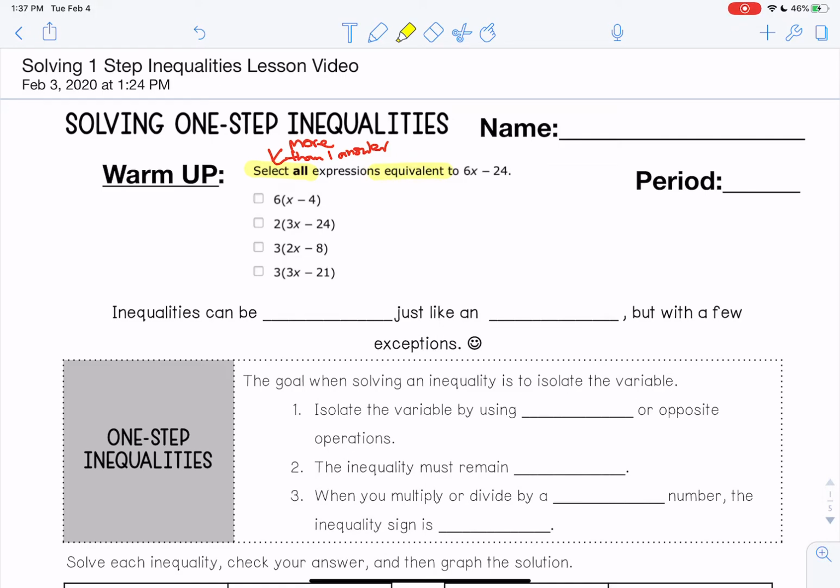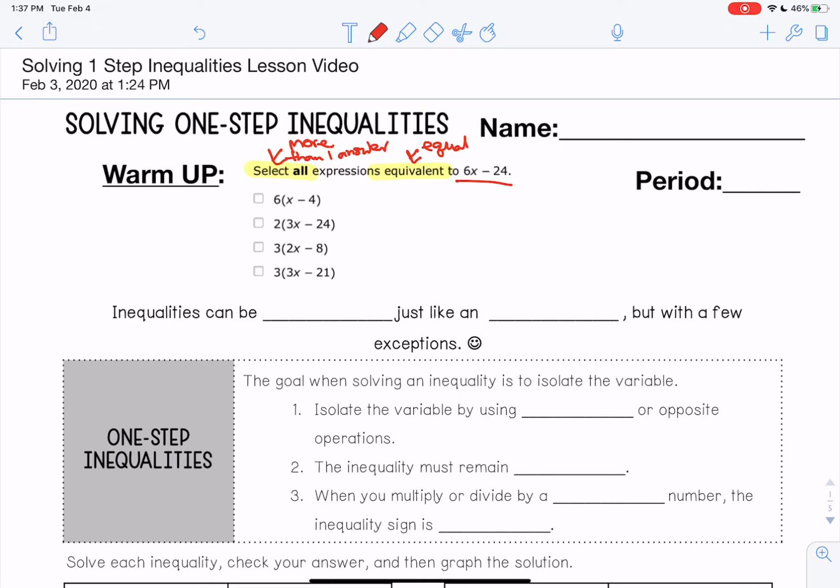Remember, equivalent means the same or equal to. So what this question's actually asking is which answers are equal to 6x minus 24 out of these four possibilities. And there's going to be more than one answer.